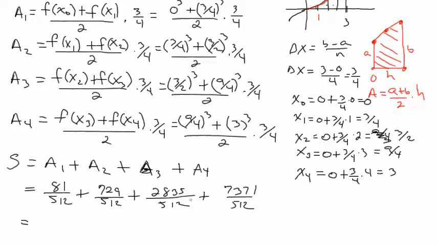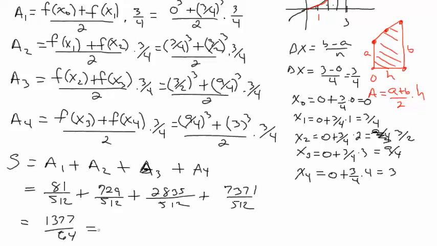I'm trying to remember. I'd actually done this. So let's just do this. 81 plus 729 plus 2835 plus 7371. I just added all those together and then divide by 512. Okay, and so I end up getting 1377, which is the exact value. 1377 over, what is it? 64, I guess.